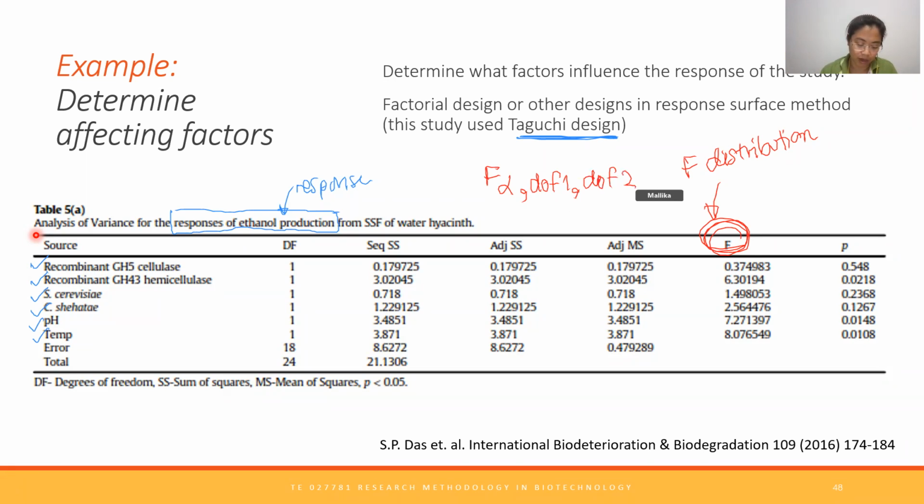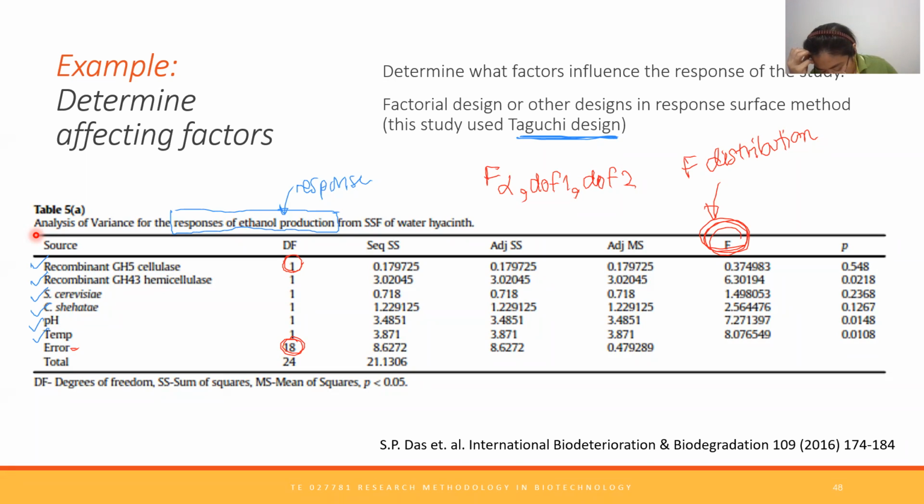DOF1 being this, DOF2 is the DOF of the error. So this is how it goes with the F distribution, and it's the way to find the F critical.